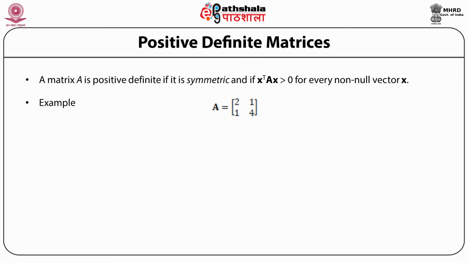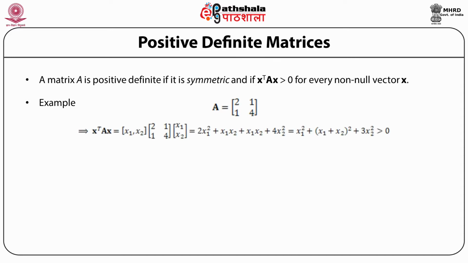Then x transpose A x equals (x1, x2) times the matrix times (x1, x2), which equals 2 x1 square plus x1 x2 plus x1 x2 plus 4 x2 square, which equals x1 square plus (x1 plus x2) whole square plus 3 x2 square, which is greater than 0. Here A is positive definite.